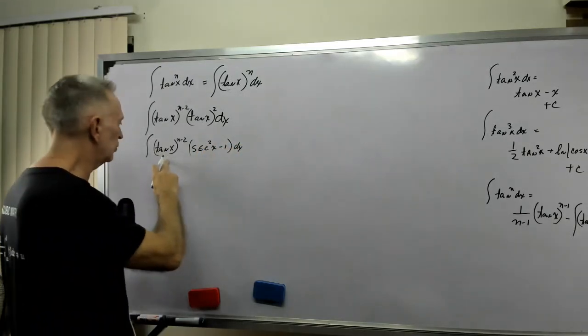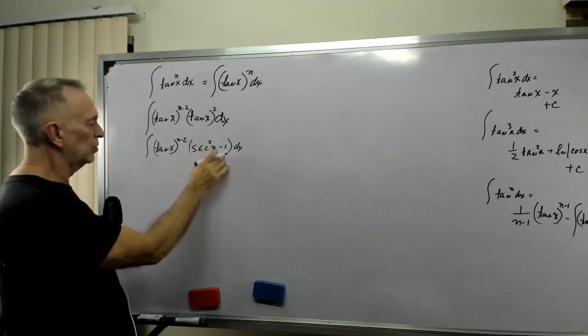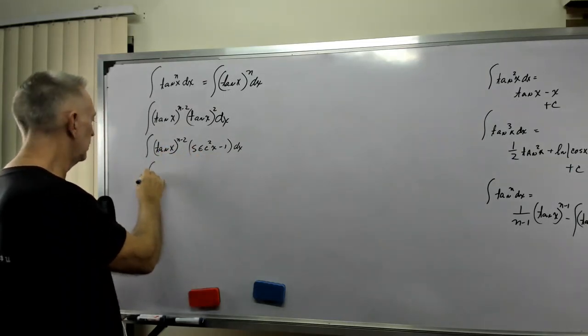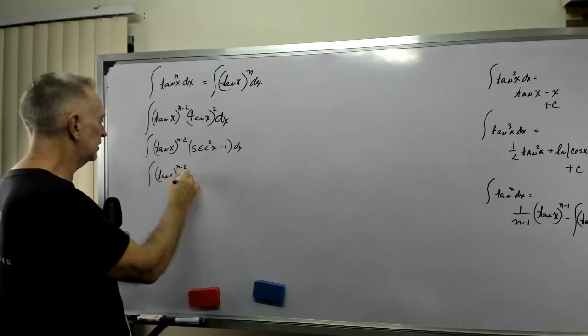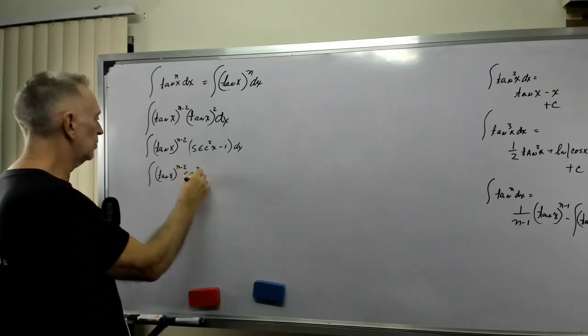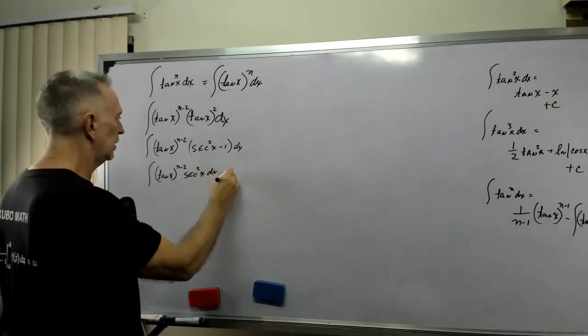Now I'm going to distribute that tangent x to the n minus 2 onto this parentheses here. So I would have tangent x to the n minus 2 times secant squared x dx. I'll change it into two integrals here.